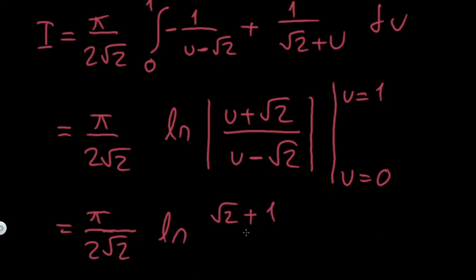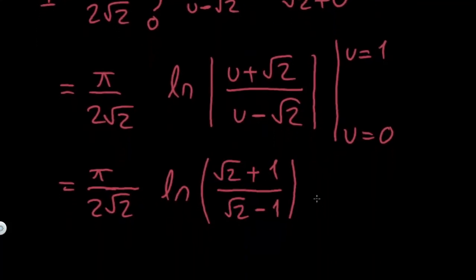So this will be square root of 2 plus 1 over square root of 2 minus 1. And if I put u equal to 0, this is going to be just 1, and ln of 1 is 0, so I don't need to write that term. So this is going to be my answer, and that's the end of it. Yeah, we can finish it here.